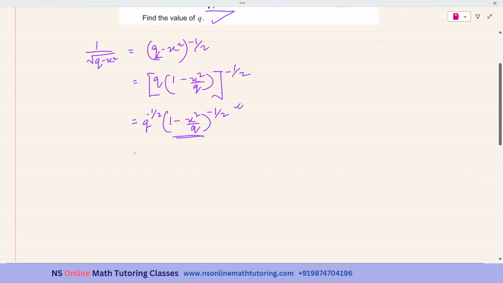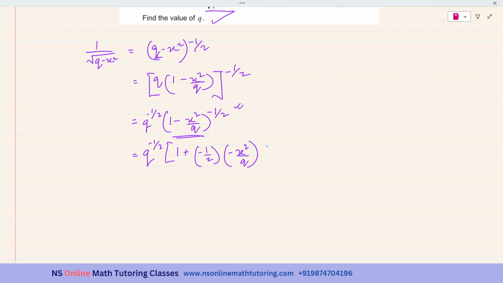So q to the power of negative half, and then it is 1 plus nx. n is the power, so plus n is negative half, x is minus x squared over q. Okay, this is x squared.